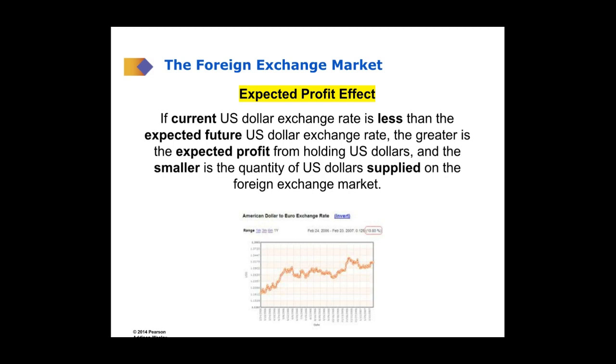So expectations about future profit will influence the supply of a particular currency.